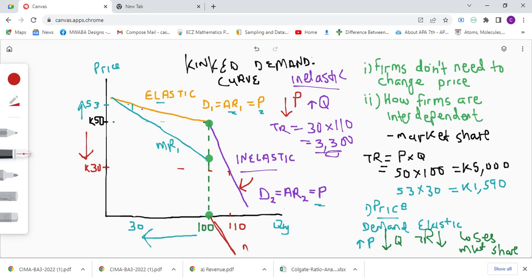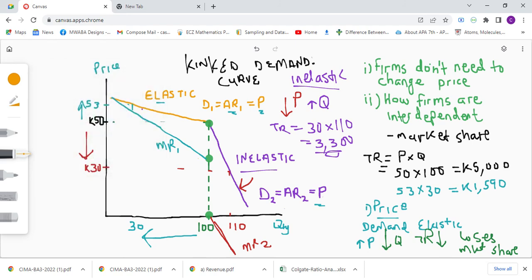So we have marginal revenue 2. Because of the kink, this kinked demand curve, when we have a switch from elastic to inelastic, we have our first marginal revenue curve, then it ends here, then our second marginal revenue curve is going to slope twice as steep as the second demand curve.